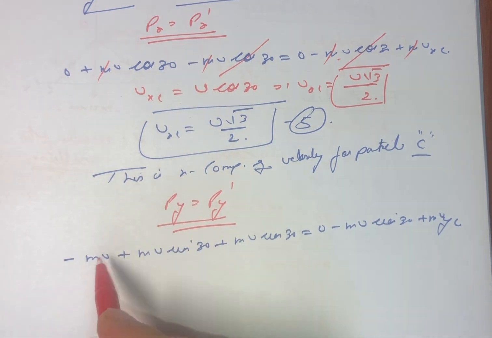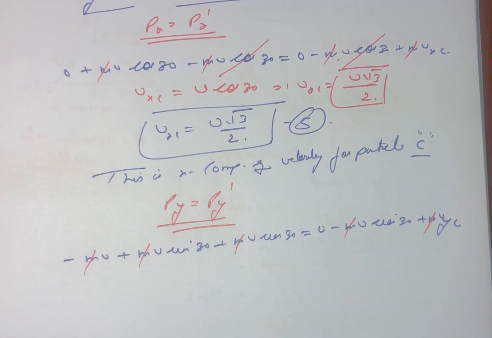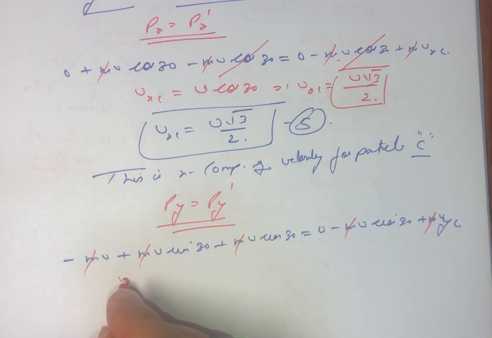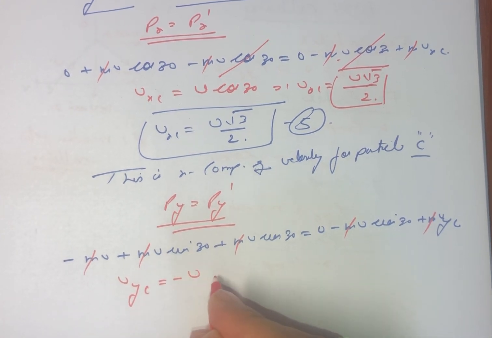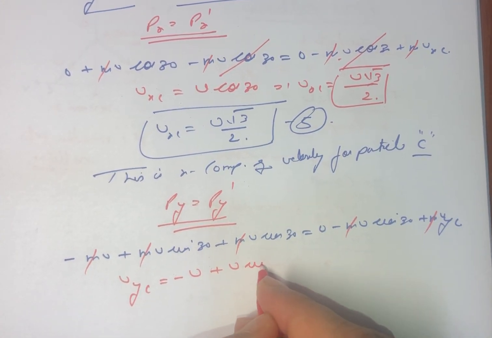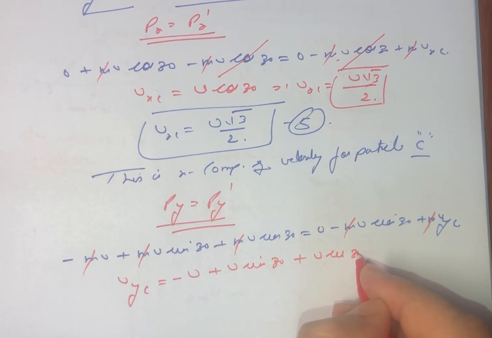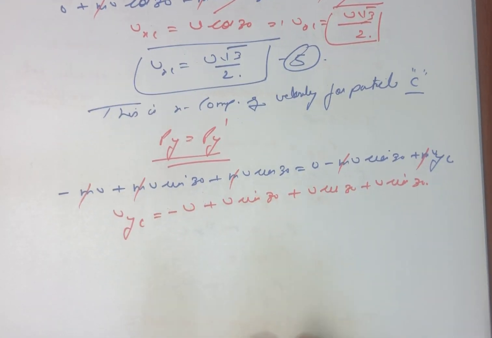Once again, m cancels out throughout, so we can say from here our vyc is equal to minus v plus v sine of 30 plus v sine of 30 plus v sine of 30.